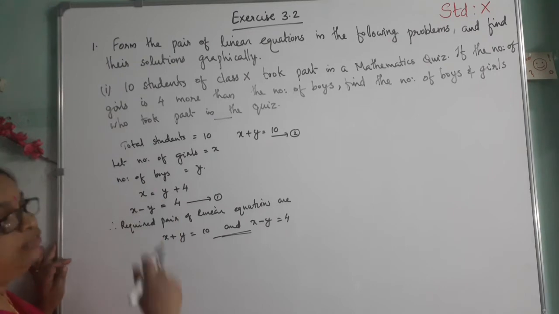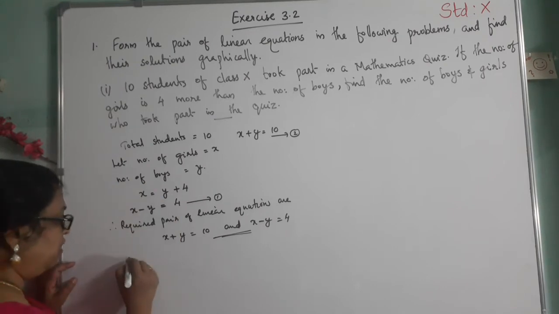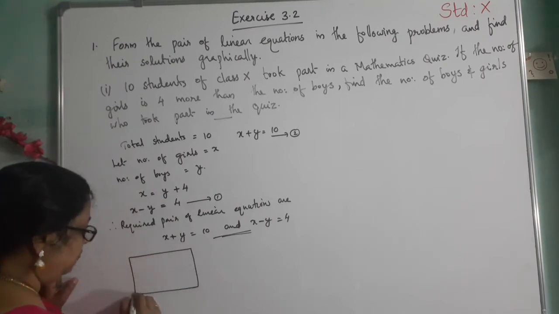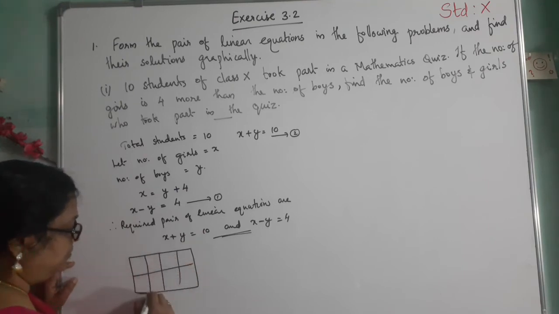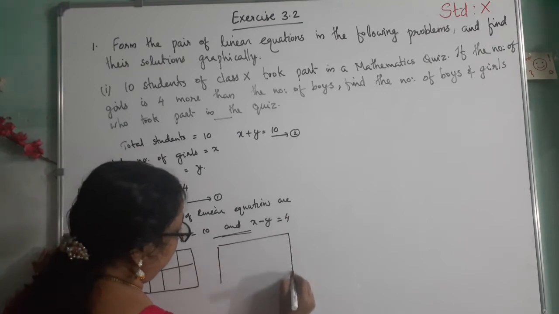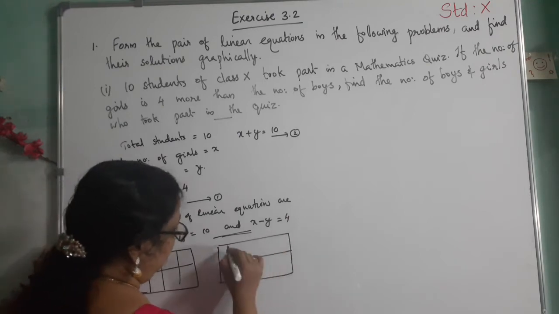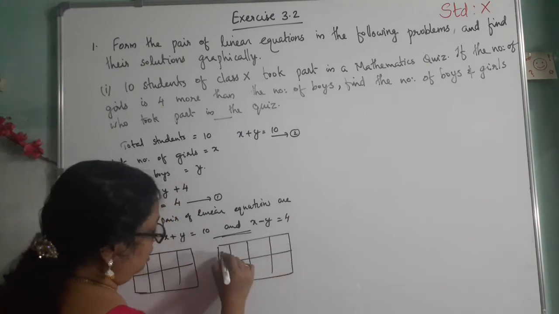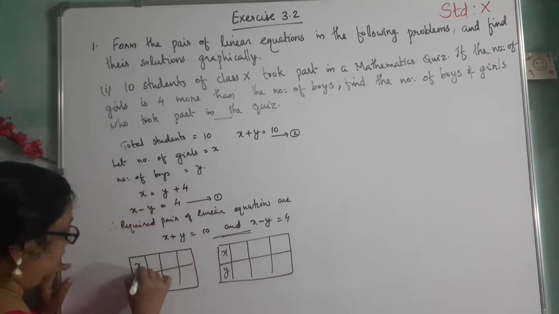For finding graphically, we first find out the points. We need 2 or 3 points. Here also we draw the column, here x, here y, here x, here y.